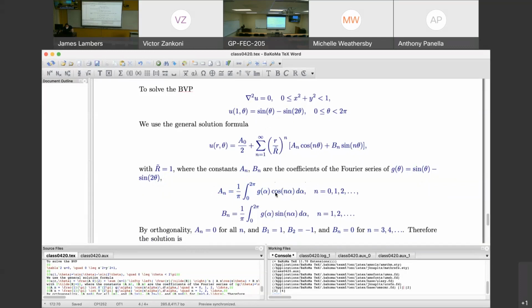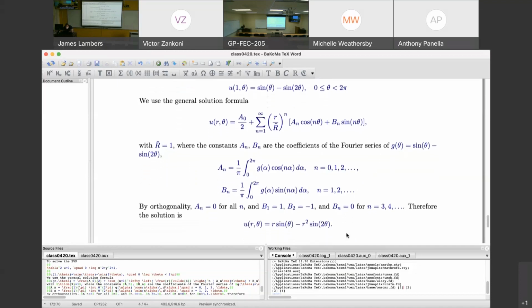So G is orthogonal to all cosines. As for the b_n's, for b_1, we have a coefficient of sine theta, which is 1. And for b_2, we have a coefficient of sine 2 theta, which is -1. There are no other sines here, so all other b_n will be 0.